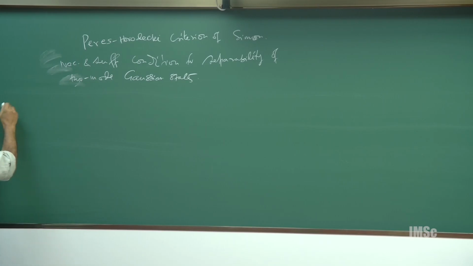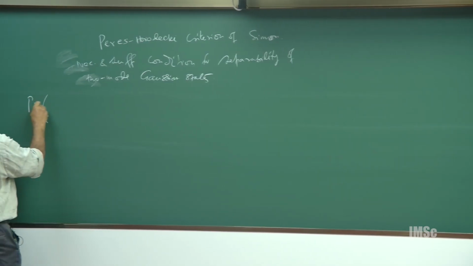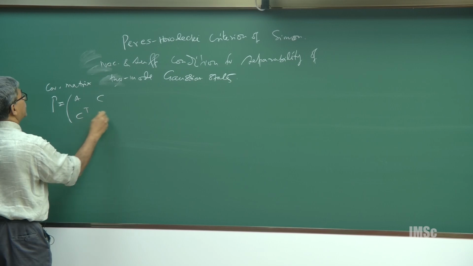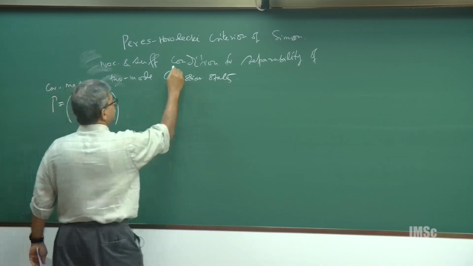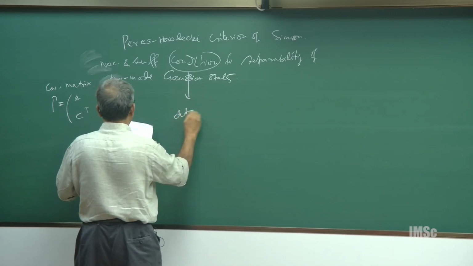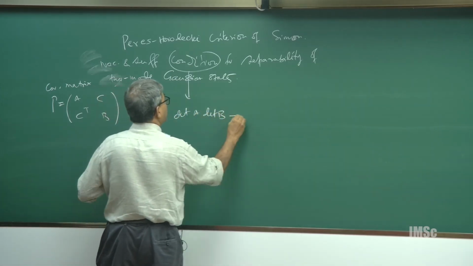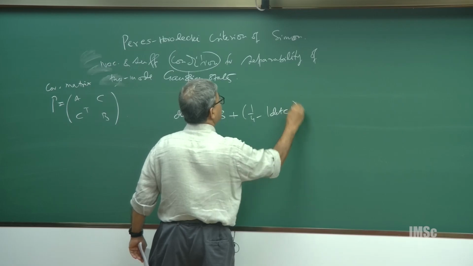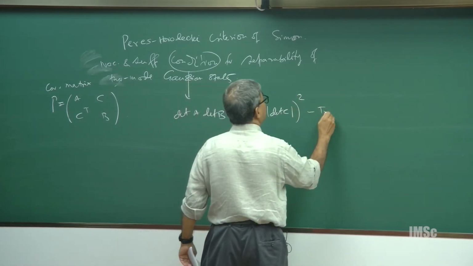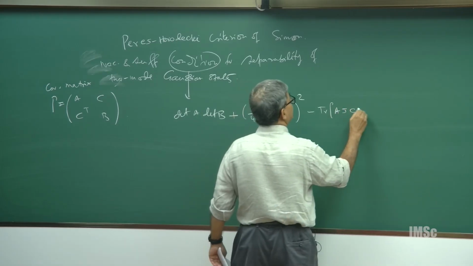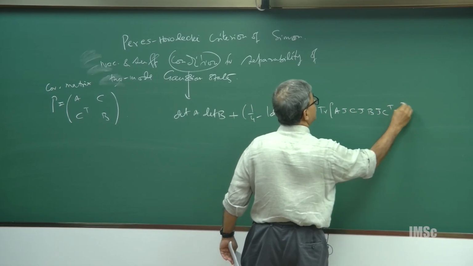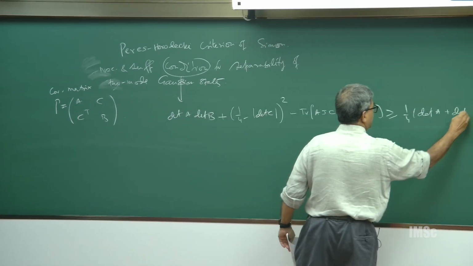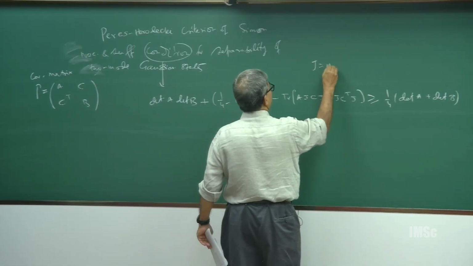If you have this Gaussian state, gamma, having this covariance matrix, which is A, C, C transpose, B, then this condition is basically determinant of A times determinant of B minus 1 by 4 minus determinant of C whole square minus trace of A j C j B j C transpose j greater than or equal to 1 by 4 determinant of A plus determinant of B, where j is equal to iota sigma y.